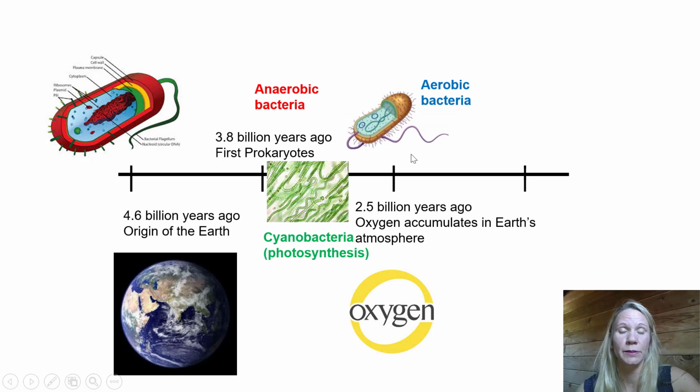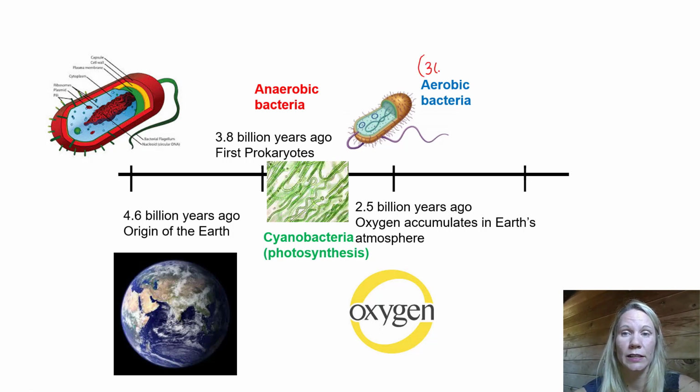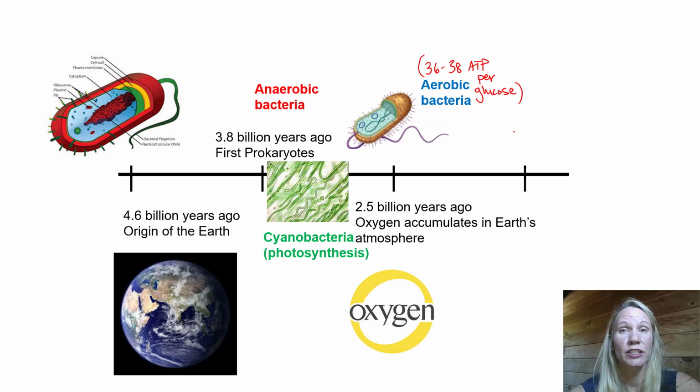Remember, with aerobic respiration, these organisms produce between 36 to 38 ATP per glucose, compared to anaerobic respiration, around 2 ATP per glucose.